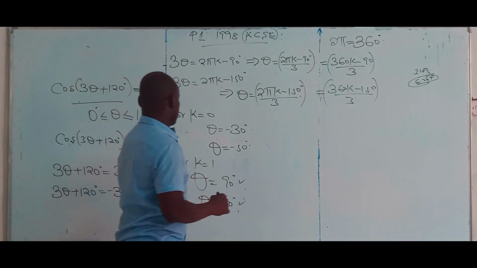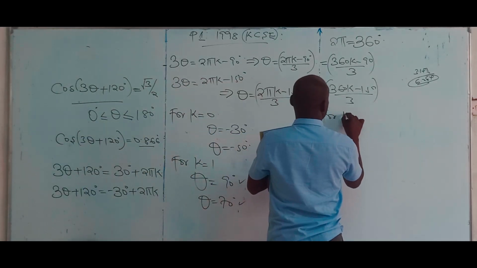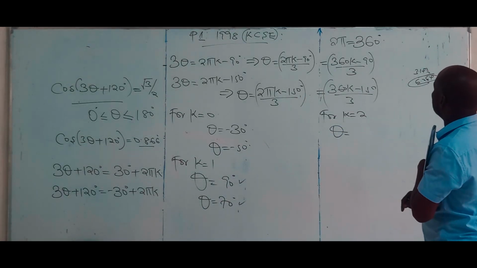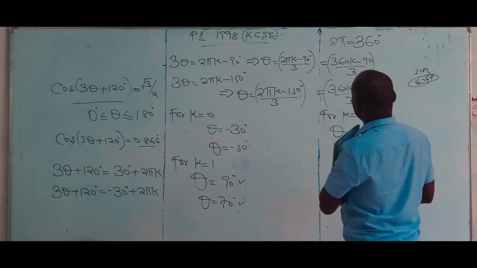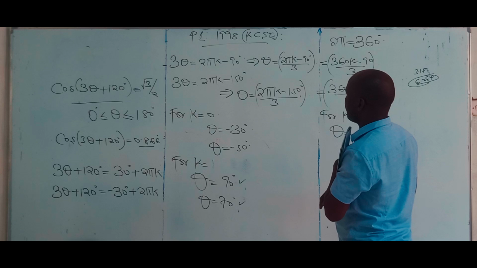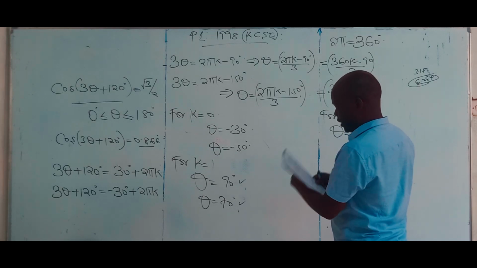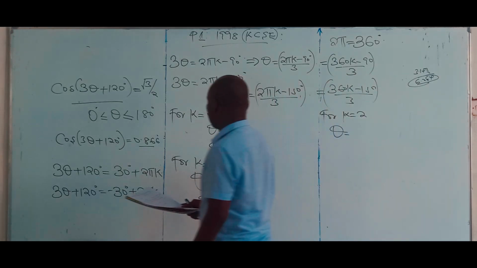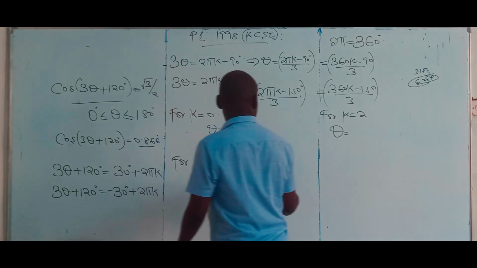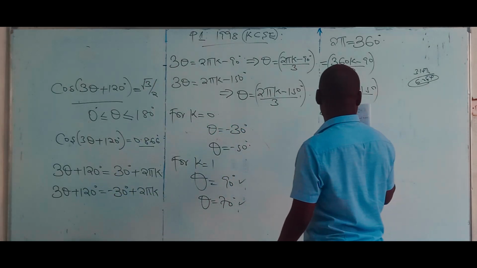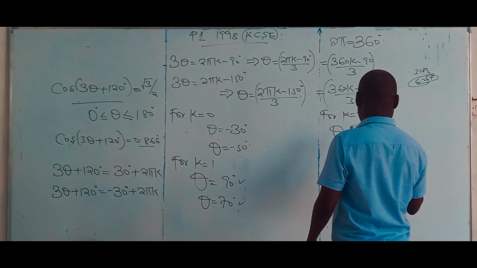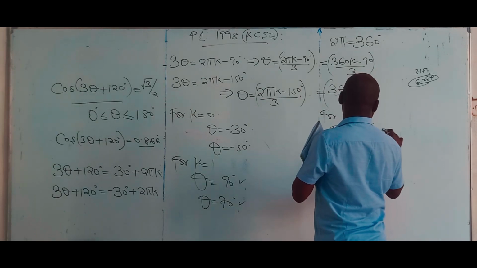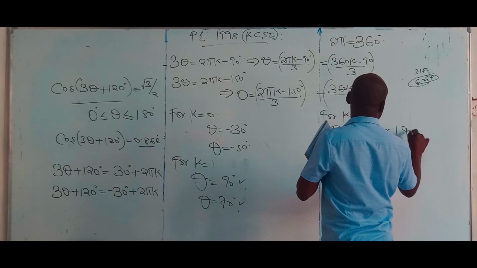We proceed to k equal to 2. Theta will be (720 minus 90) divided by 3, and (720 minus 150) divided by 3, which give the angles 210 degrees or 190 degrees.